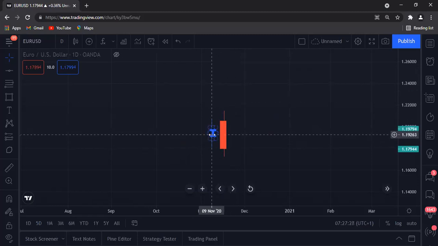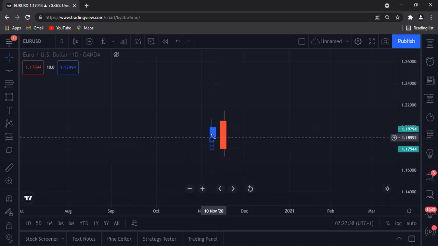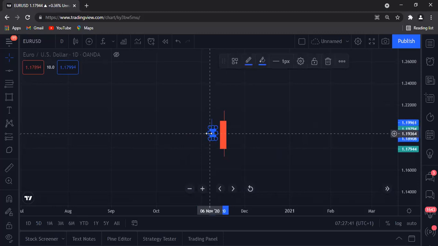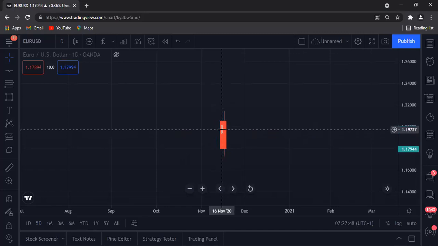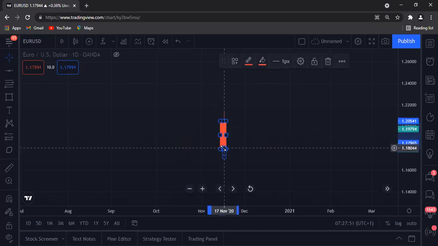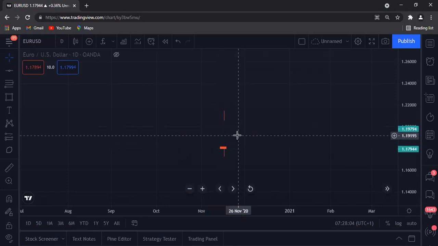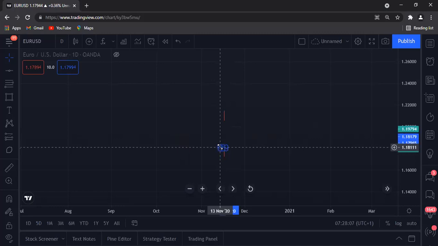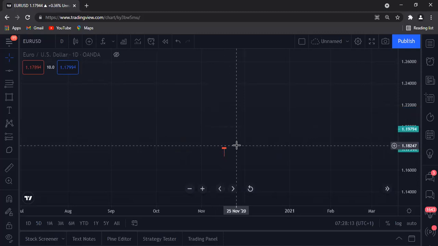So now we're talking about the doji. You know, they are Japanese candles, so they have different types of names. The doji can be very funny.